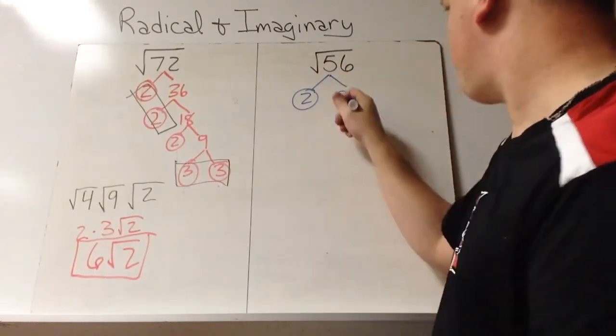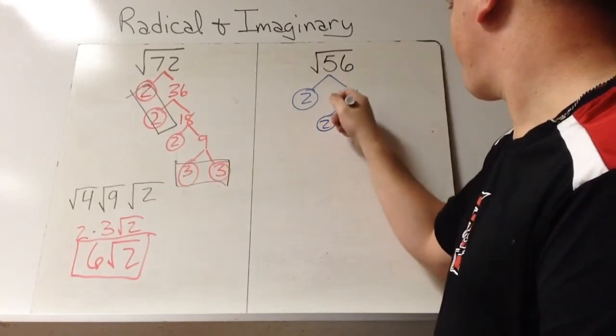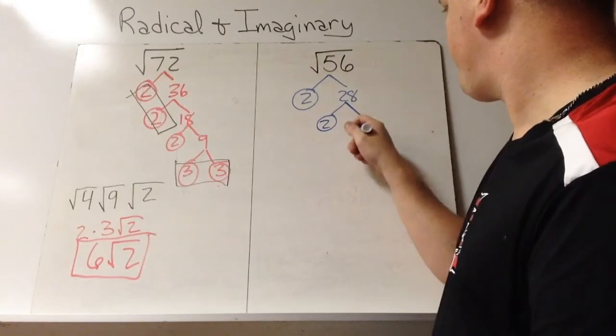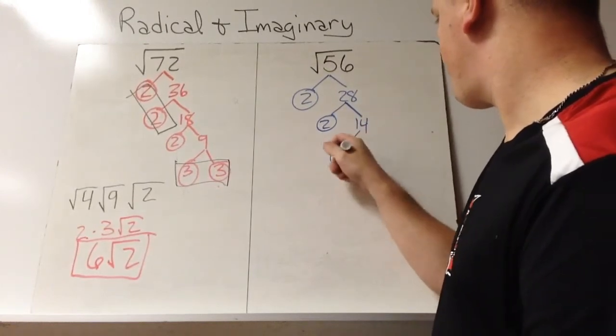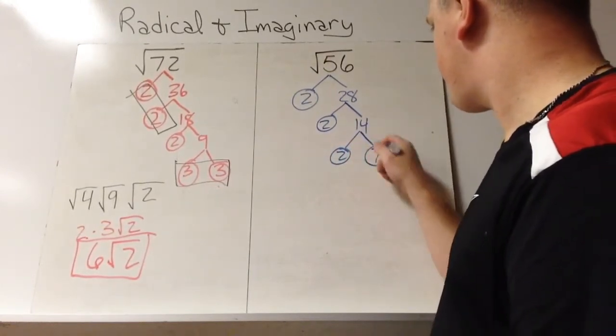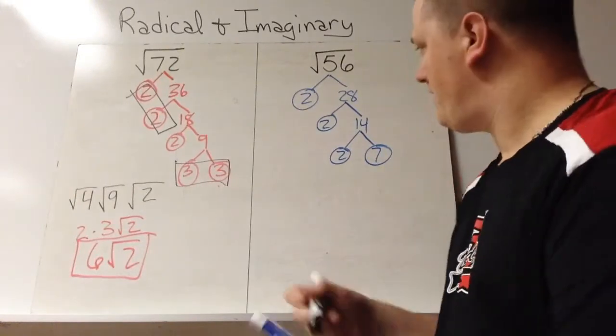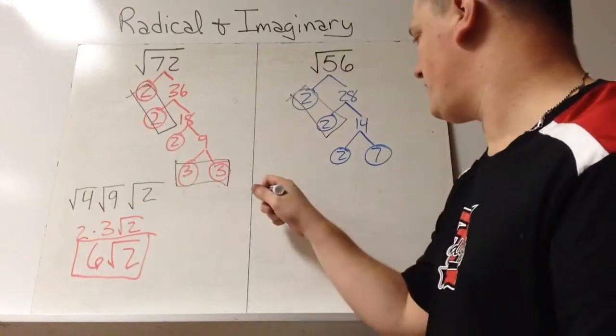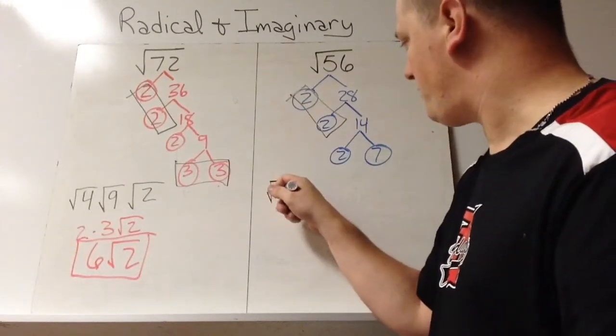So we got 28. Okay, so we have a pair right there, so we're going to get square root. 2 times 2 is 4.